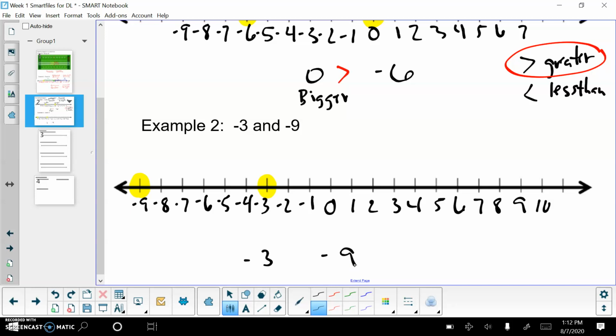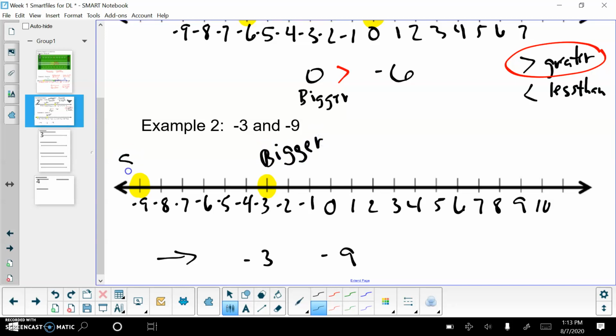And just like I said before, I always start to label them, and I start with the one that's on the left side of what I would call the problem. Here's my problem. The -3 is mentioned first. So -3 is, once again, notice it's on the right side. The -9 is to the far left, and the -3 is on the right. So this one is bigger.